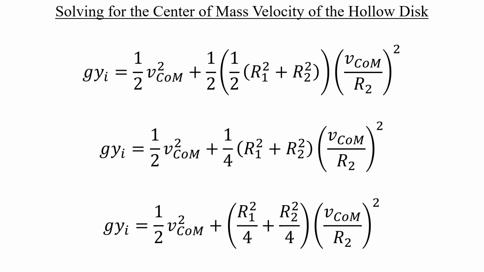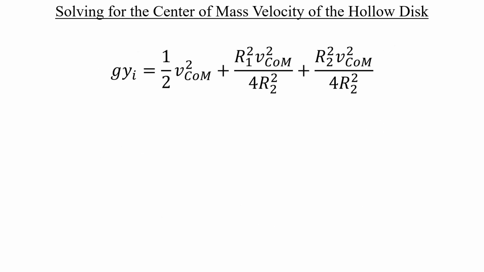And then after that, we should square the numerator and denominator of this ratio in our last set of parentheses, and then distribute the result into these parentheses, like this.